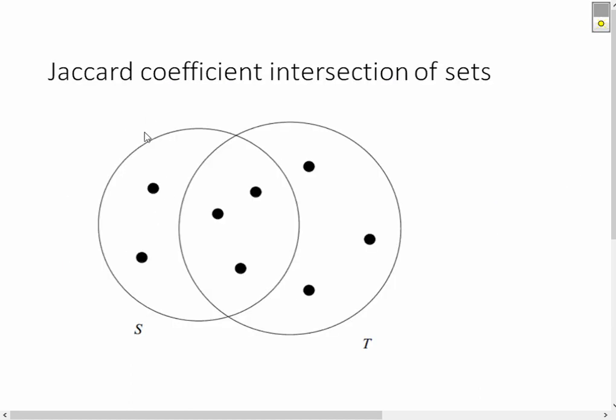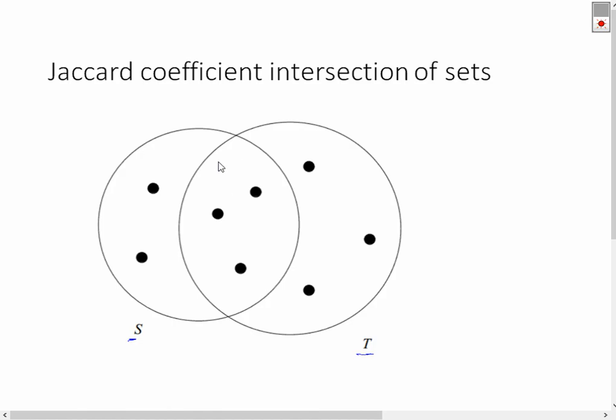Let's assume that this is document 1, or we'll call this document S over here. And let's say that S had a series of query terms. Or let's just say it's a document and I just want to measure how similar these two things are. T is a second document, so S is a document, T is a document, and all of these dots represent words that they have within the document.